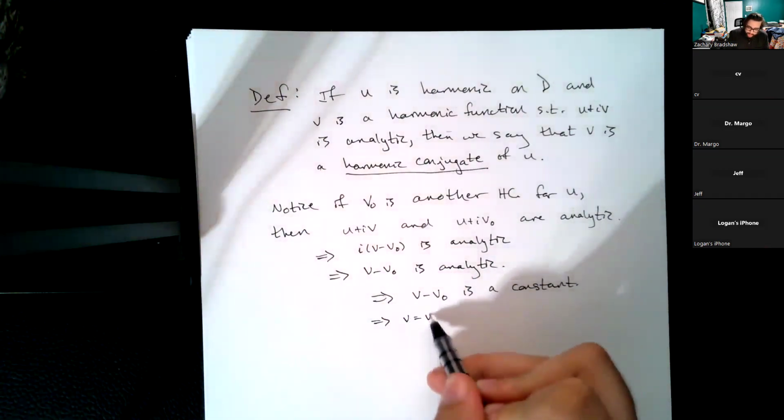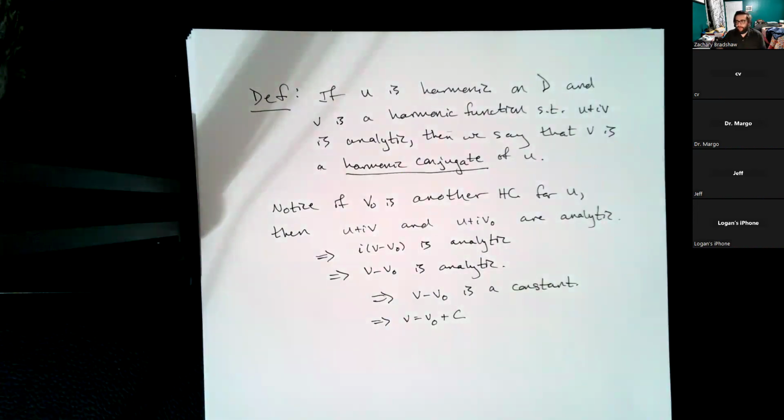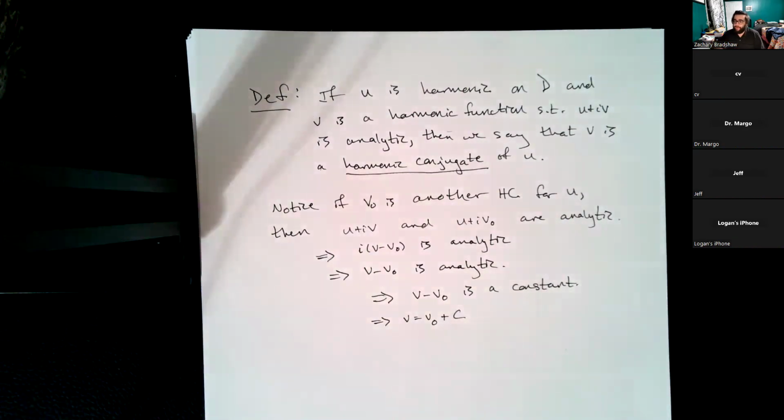So v is equal to v0 up to an additive constant. And so the harmonic conjugate of u is unique up to this additive constant.